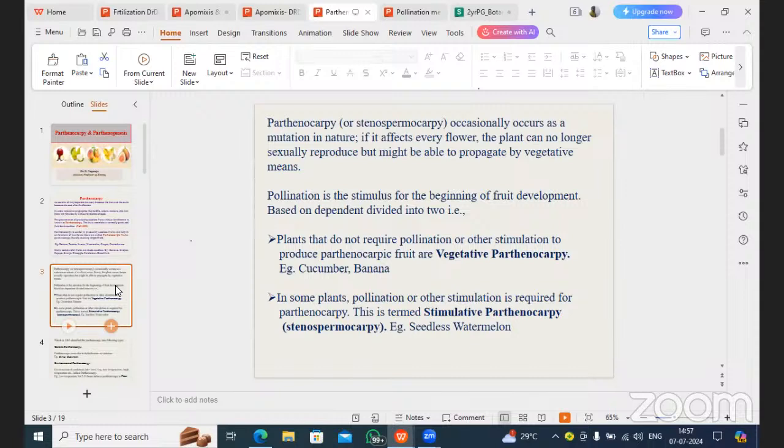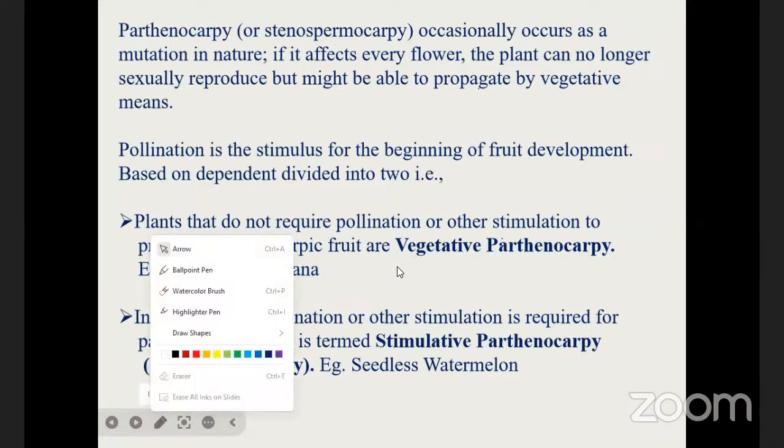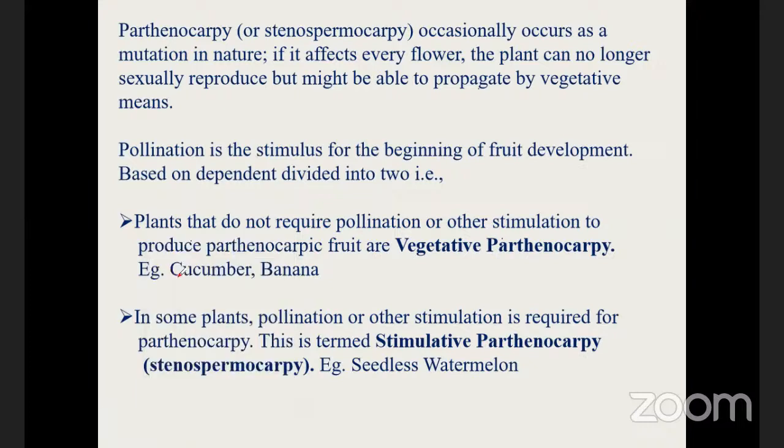That is called stimulative parthenocarpy. If there is no need of any pollination, that type we call vegetative parthenocarpy. That is common in cucumber, banana, watermelon.